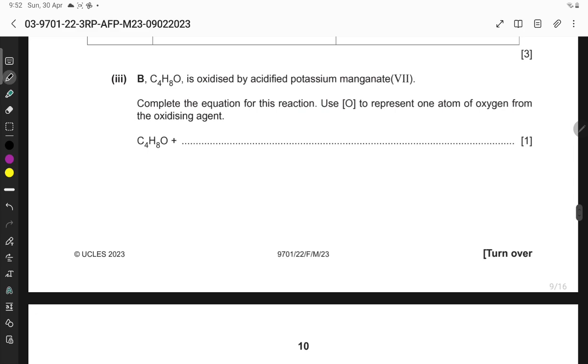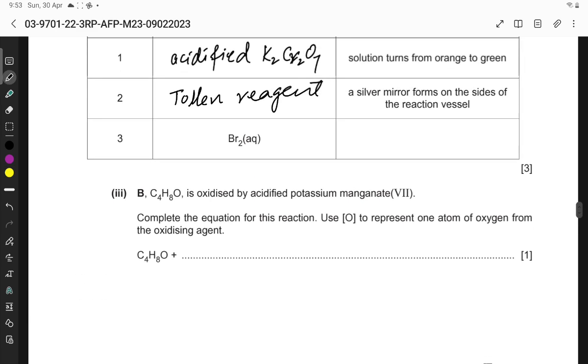B is oxidized by acidified potassium manganate. Complete the equation for this reaction. Use O to represent one atom of oxygen from the oxidizing agent. So no reaction over here because there is no double bond.